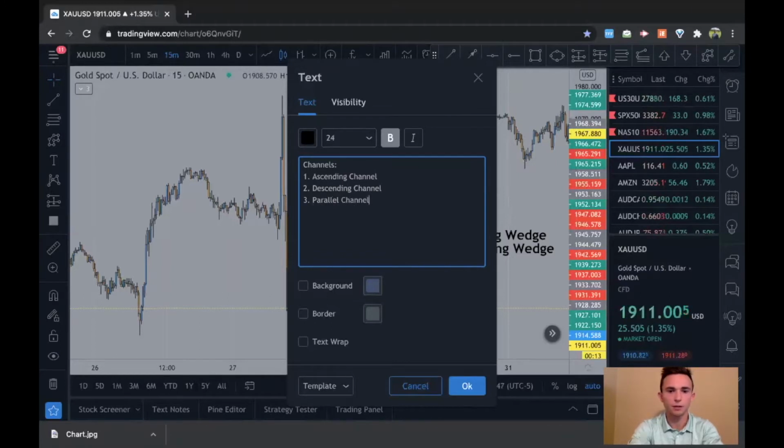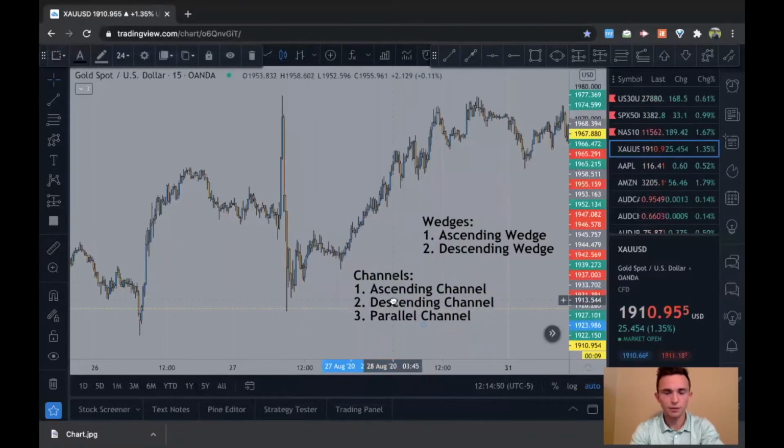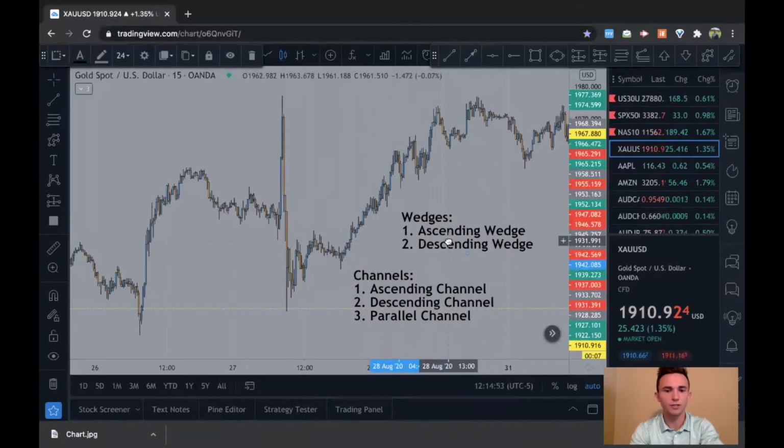There's a parallel channel as well. So there's three different channels and two different wedges that we look for.